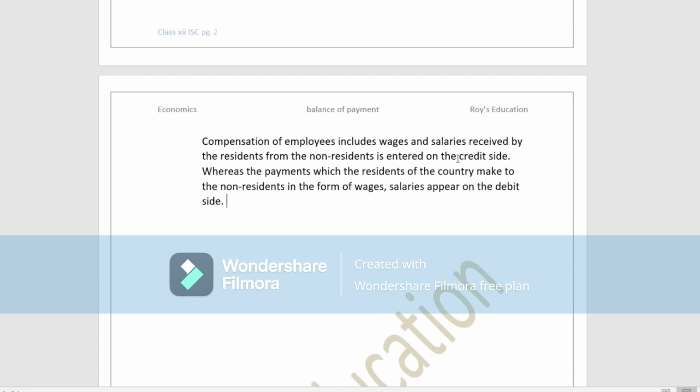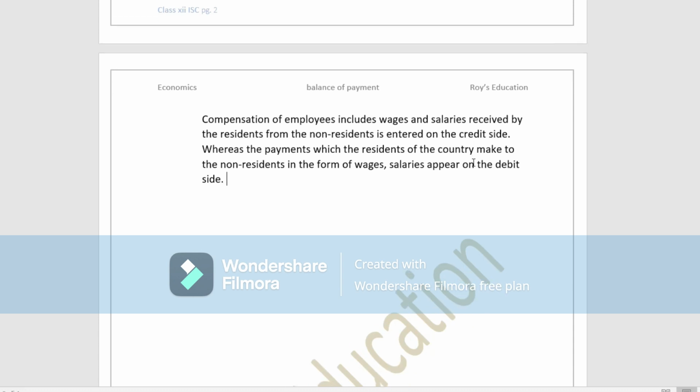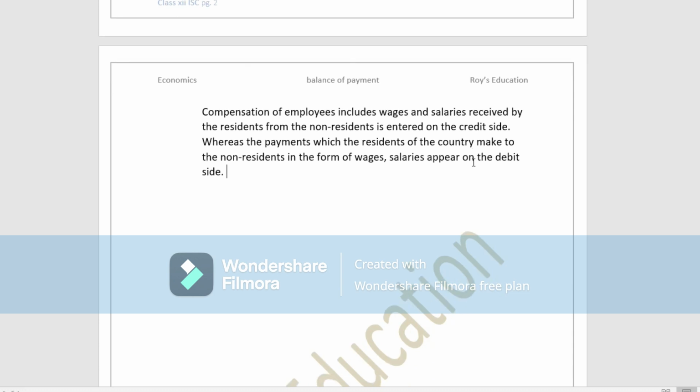Next, compensation of employees includes wages and salaries that are received by the resident from the non-residents. That will be on the credit side.